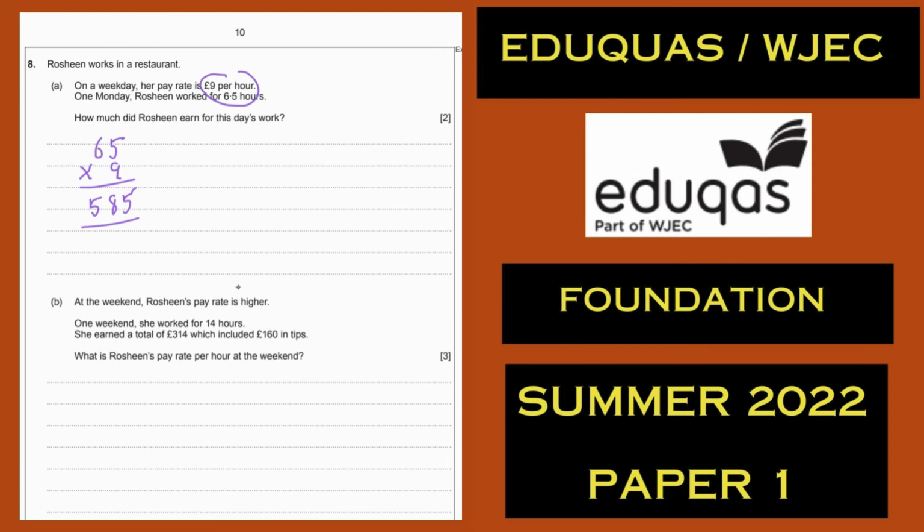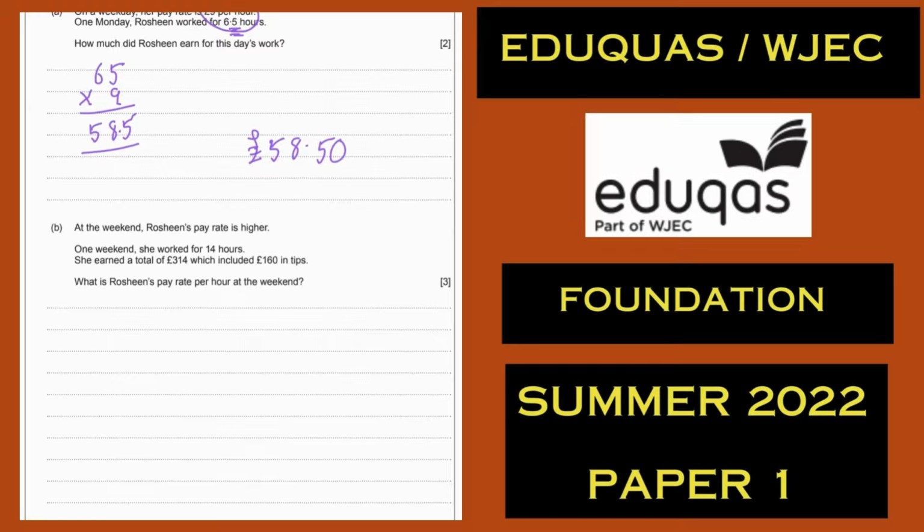Don't forget, if we were doing 9 times 6.5, there's one digit in the question that follows the decimal point. There should be one digit in our answer, which follows the decimal point. 58.5, but because it's cash, we stick on the 0.